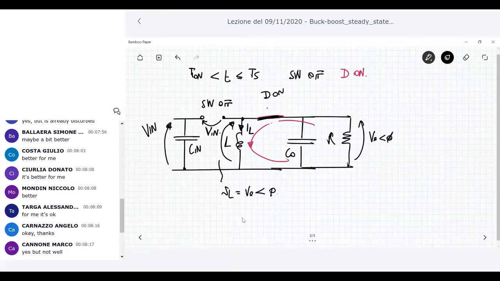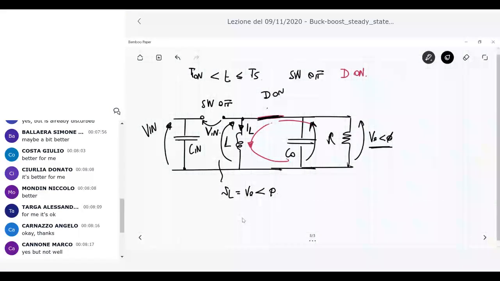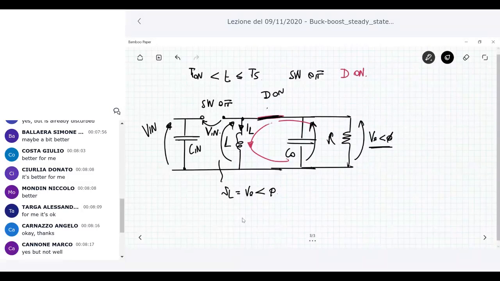It is the voltage across the output capacitor that makes it possible to maintain the output voltage at a constant value. Since in that situation there is no connection between the output and the input side of the converter, the output voltage VO is held constant by the capacitor voltage, exactly as it happens in the boost converter.